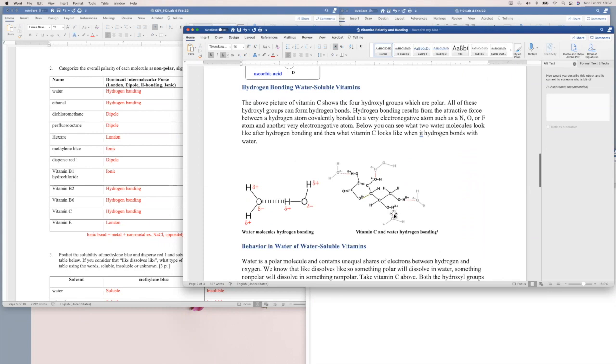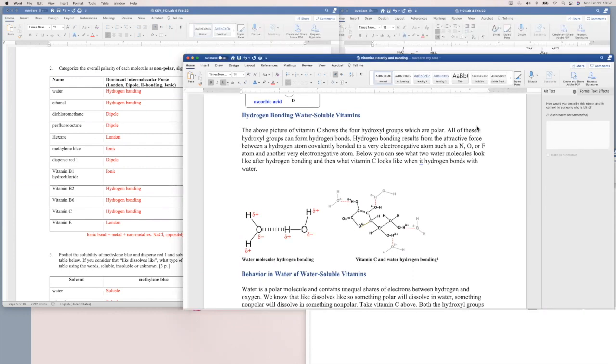See those hydroxyl groups are hydrogen bonding to these water molecules there. That's the dominant intermolecular force. And then there are more oxygens and nitrogens to carbons, and also they're hydrogen bonding. So this is going to be highly polar.